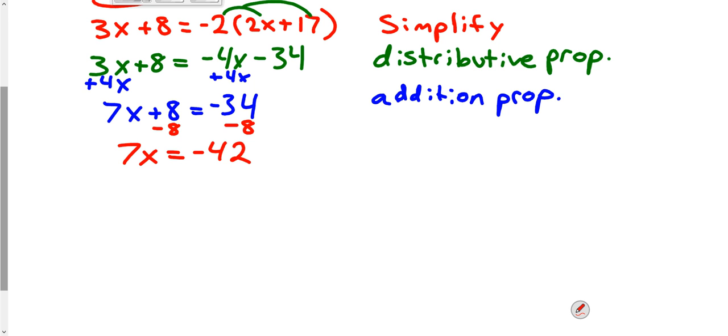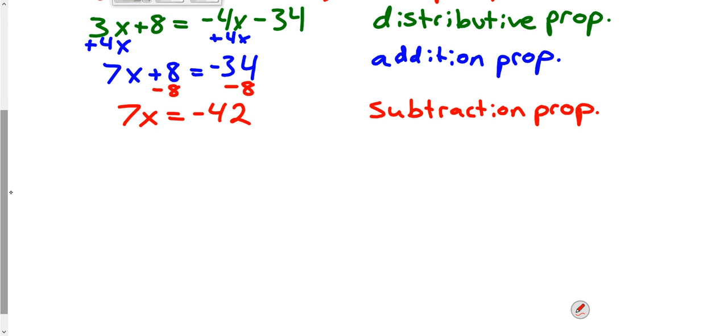Negative 34 minus 8, we're going further negative, so we go to negative 42. And that was the subtraction property. So again, we're just looking at every single step that we're making.